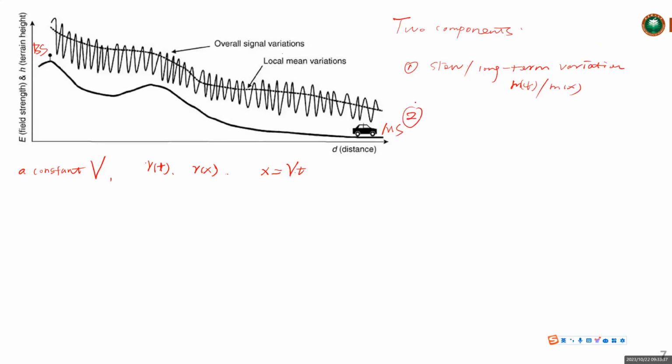The second term is the fast, or short-term variation, and we name it r0(t) or r0(x).